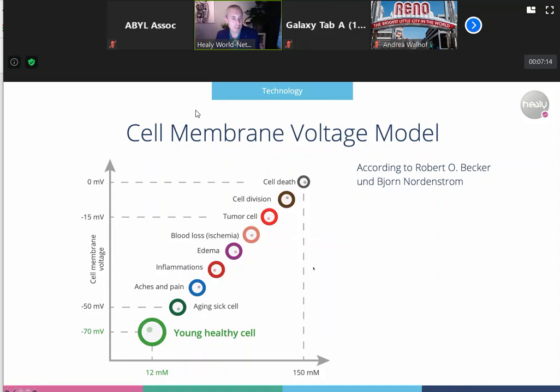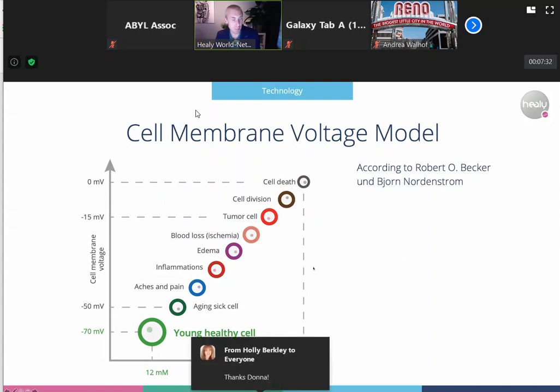In that frame, your cells can absorb nutrients and oxygen very easily via the cell membrane, that's the cell wall, and they can expel waste products, the toxins, out of the cell very easily. So if it's nicely negatively charged, then it goes very easily.